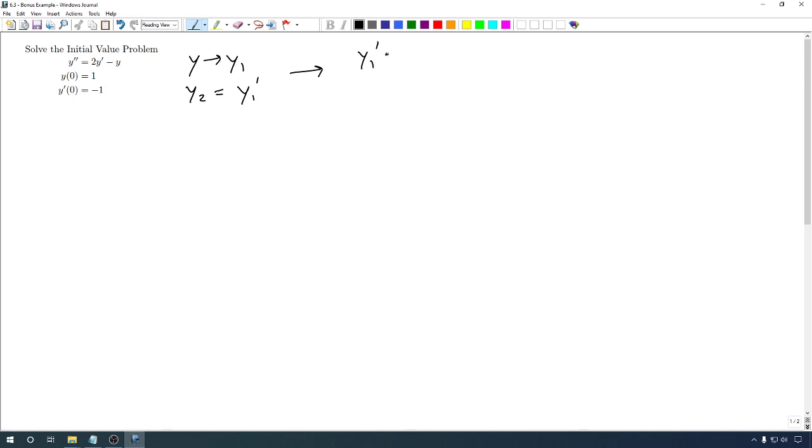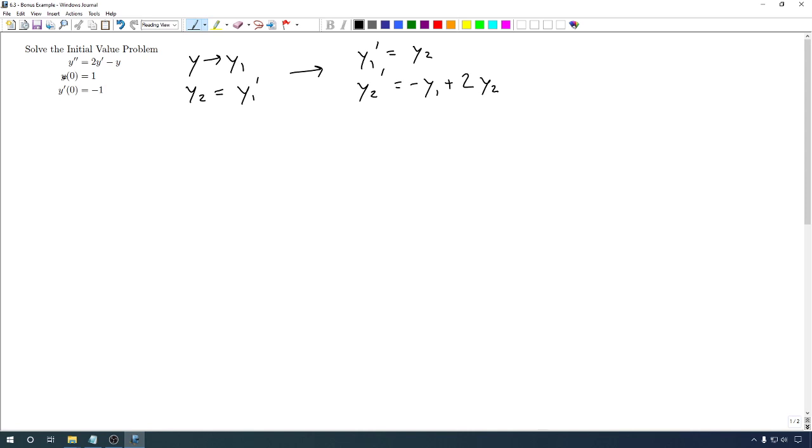y1 prime is equal to y2. That's just this equation here. And then y2 prime is y1 double prime, so it's y double prime. So we get a negative y1 and then a plus 2 times y prime, which is y2.